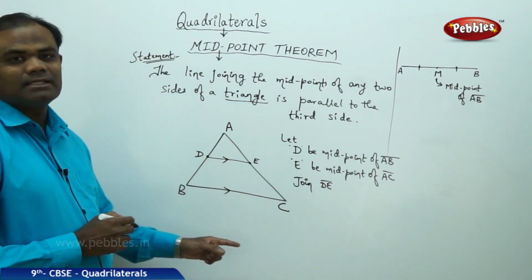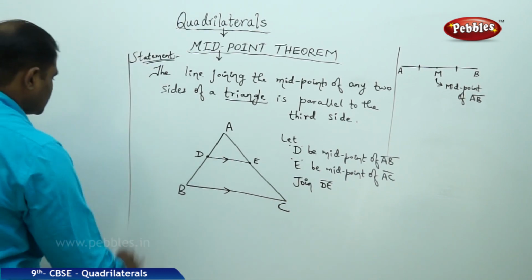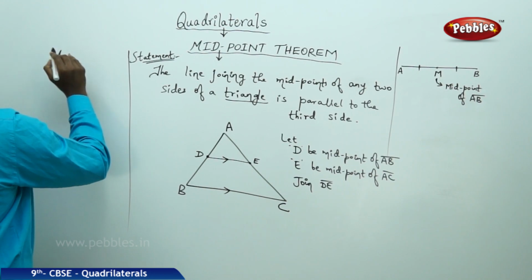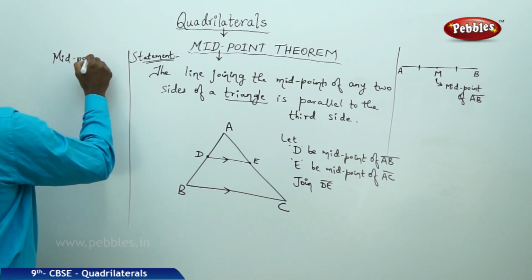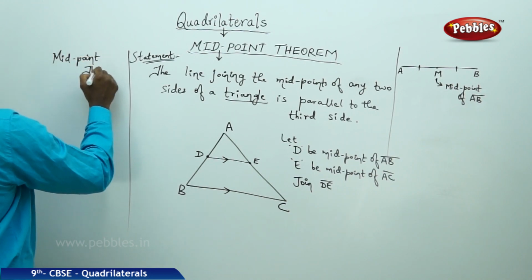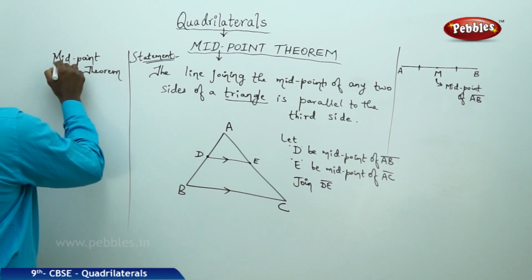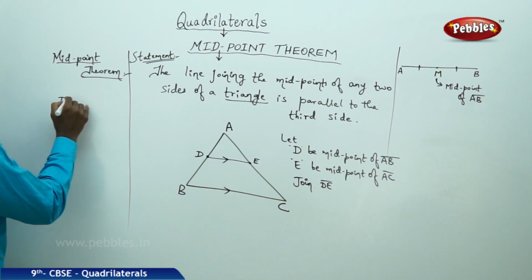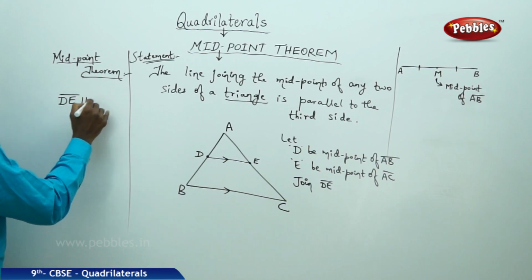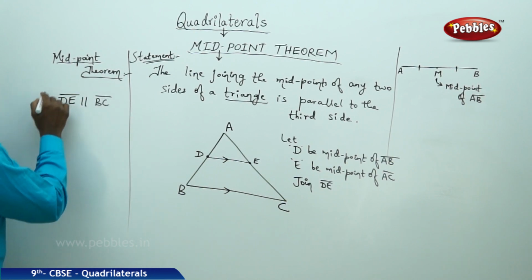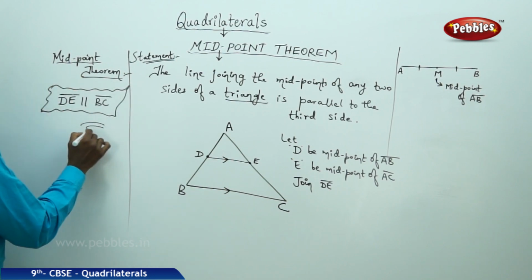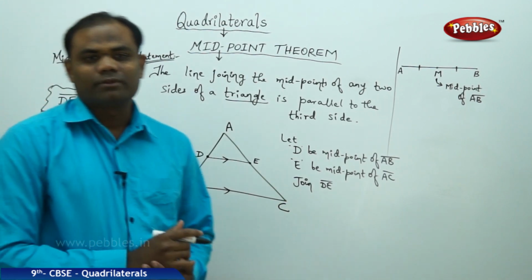So once I get DE, now the midpoint theorem says that DE is parallel to BC. This is how I understand the midpoint theorem.